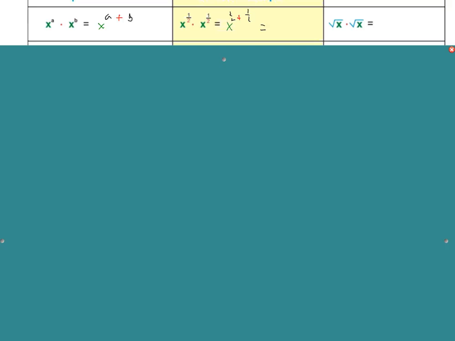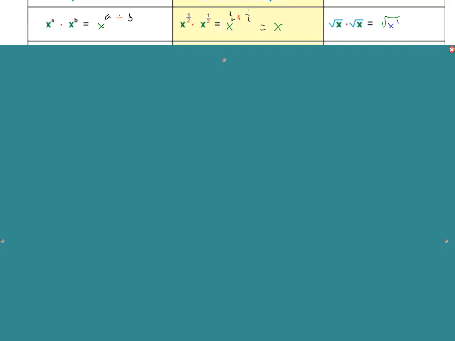And you end up with x to the first or x. So x to the half times x to the half is x, right? Half plus a half is a whole. You've got x to the first power, and that's x. Well, in the last scenario then, you've got the square root of x squared.